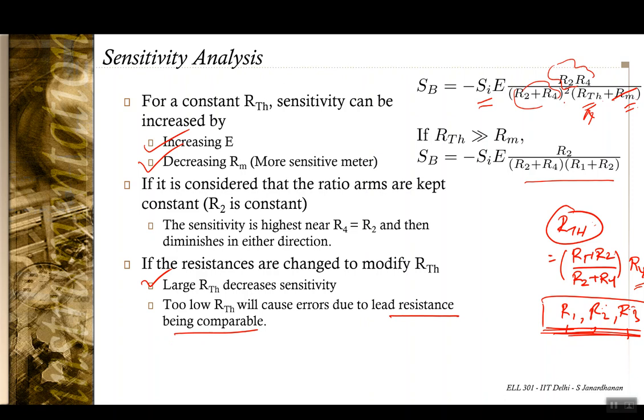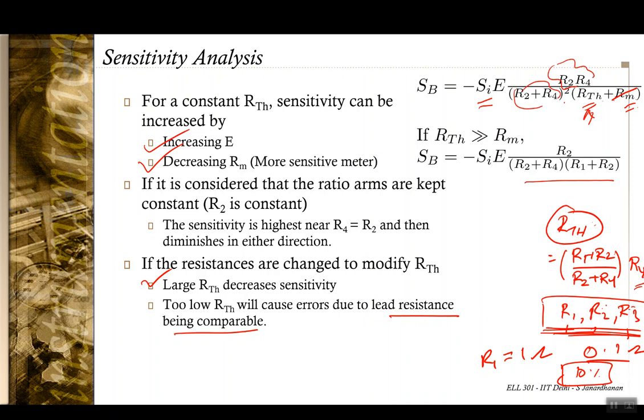And this will lead to significant errors. So if R1 is, let us say, 1 ohm, and the lead itself has a 0.1 ohm resistance, then straight away there is a 10% error in the reading, and this may not be acceptable at all.